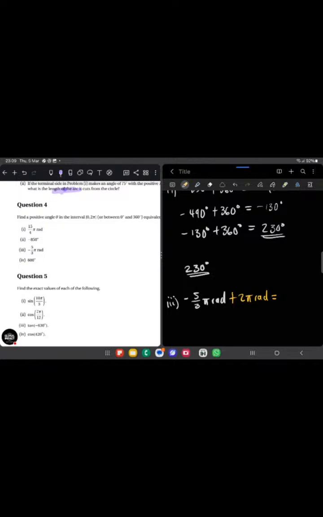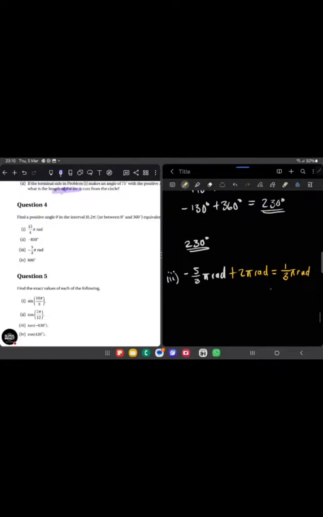You're going to say open bracket, negative 5 over 3, close bracket, plus 2. Don't put pi. You get 1 over 3. But when you get 1 over 3, put back the pi: 1 over 3 pi rad. There you go. So that's going to be a solution. And 1 over 3 pi rad is the same as saying pi over 3 rad.